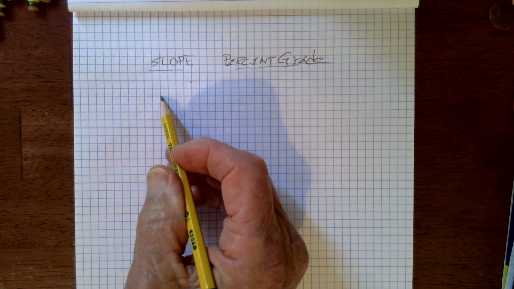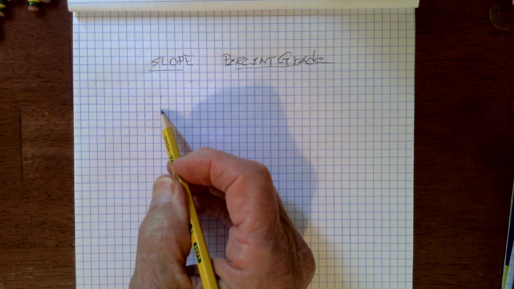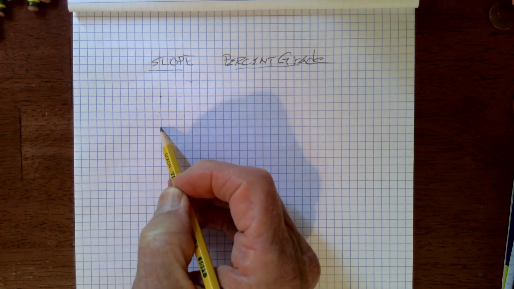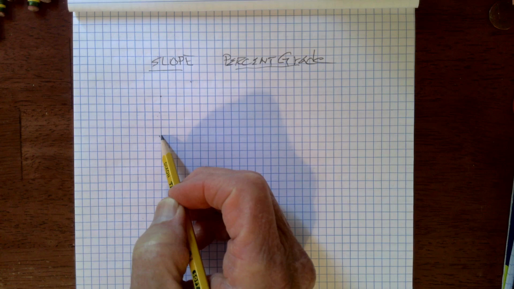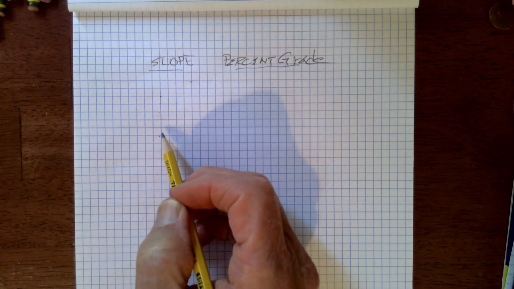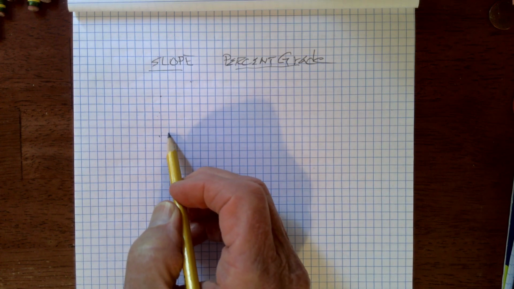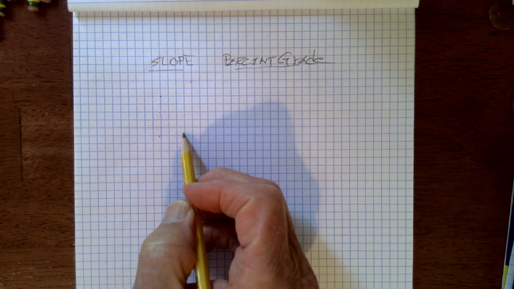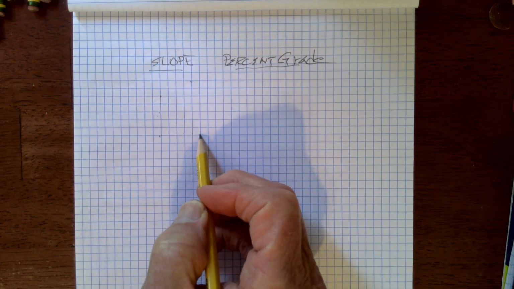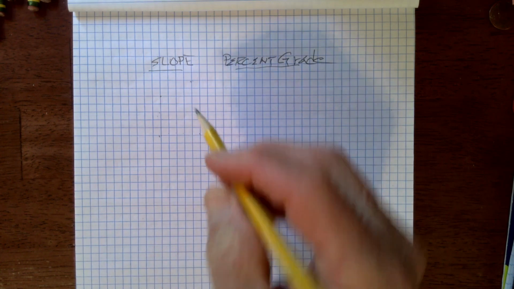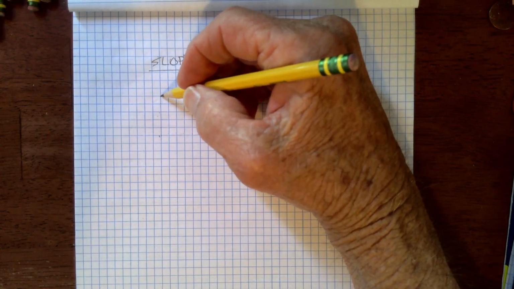These are a foot, so that's 1, 2, 3, 4, 5 feet, and let's say 1, 2, 3, 4, 5 this way. Now I'm going to freehand this.